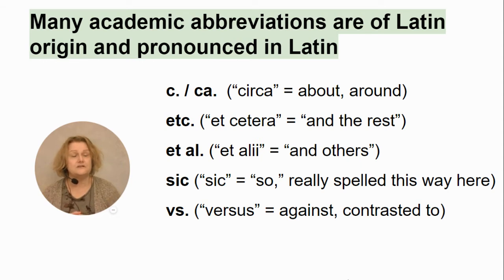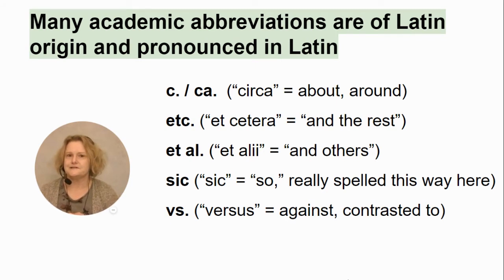It could be an unusual spelling, maybe from a different accent of English, or for some other reason, something that is surprising, a surprising use of a word. And just to make sure people don't think that the writer of the research paper itself is the one making a mistake, they might put, usually in brackets but sometimes parentheses, sic after that word.